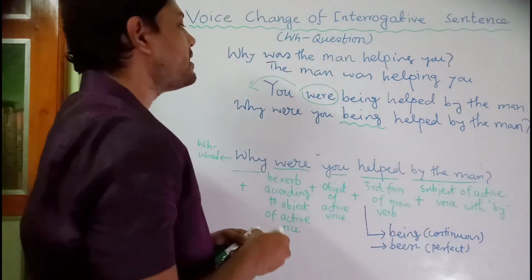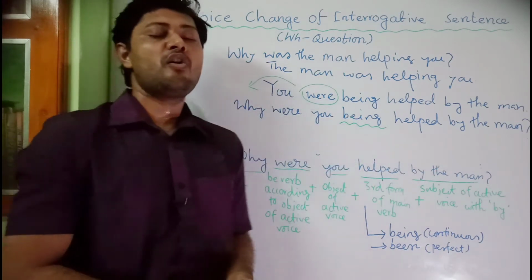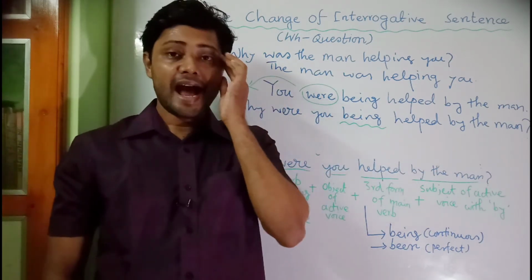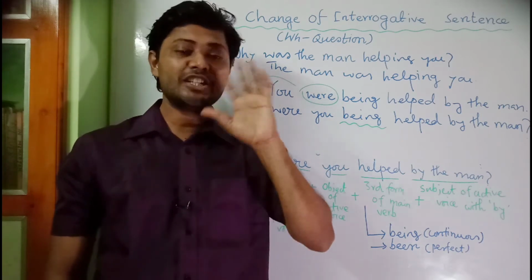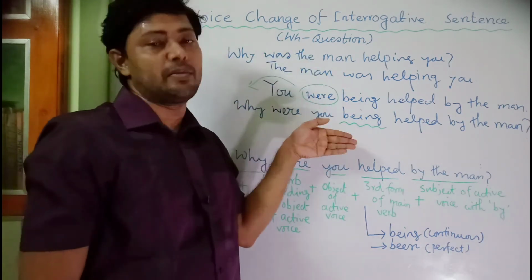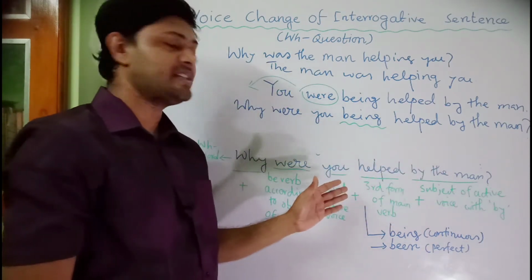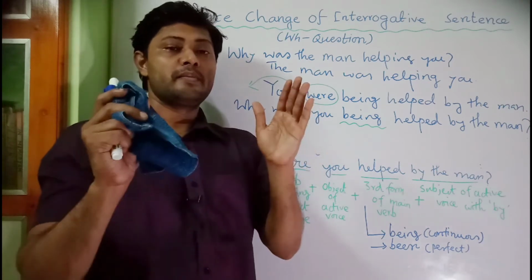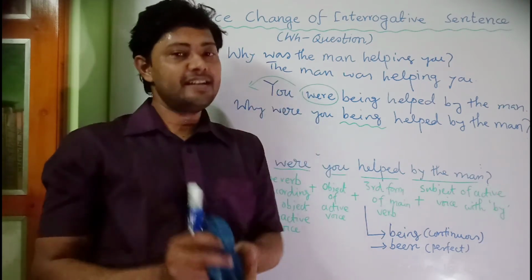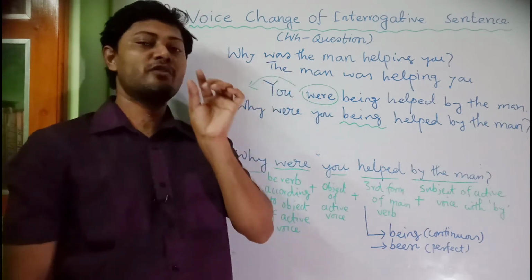So if you can follow these steps, there is no possibility of any mistake. But I have already told you that in all situations you will not be able to follow these steps. You have to apply this rule, and for that reason you have to be very attentive and you should have a clear knowledge. Okay, you should not have any kind of doubt.